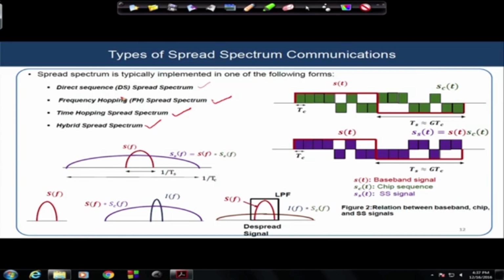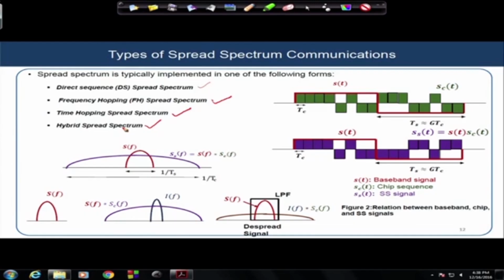We will discuss in detail in the corresponding modules for each of them, and we will see what the meaning of those spread spectrum communication systems actually is. But here we will try to get a glimpse of the first one, direct sequence spread spectrum communication.